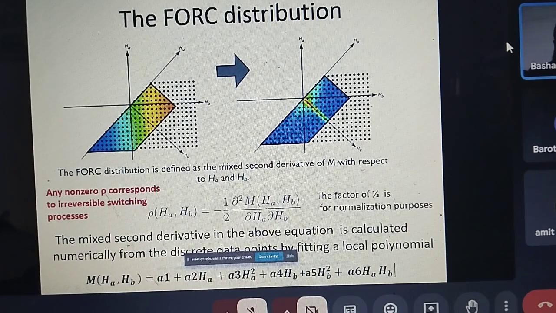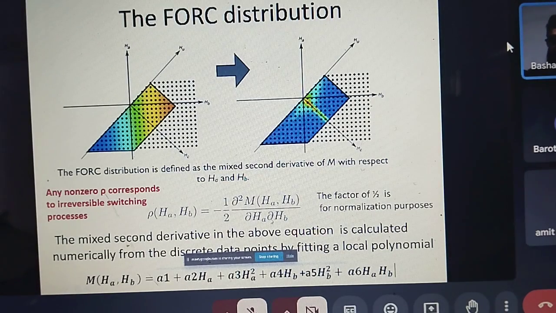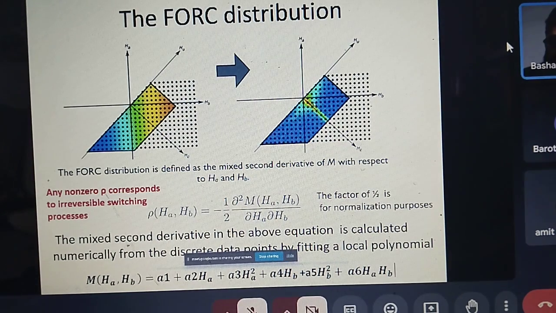So here, if you see in this diagram, we have a magnetization surface. After we perform this second order partial derivative on our magnetization, first taking the derivative with respect to the reversal field and then with respect to the applied field, we obtain a distribution which is again shown color coded over here.